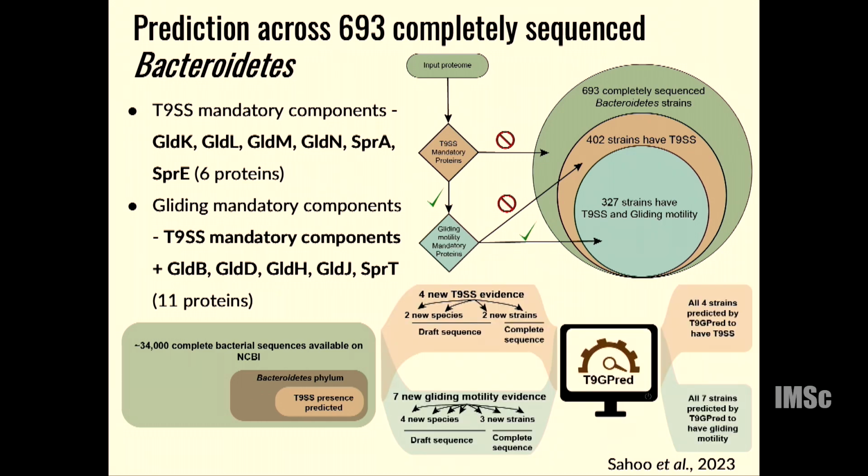Further, we also took 4 newly characterized T9SS bacteria which were not covered in our model building, and we see that our tool is able to predict all of them to have T9SS. Similarly, we also took 7 new bacteria where gliding motility is observed, and our tool is able to predict all 7 to have gliding motility.